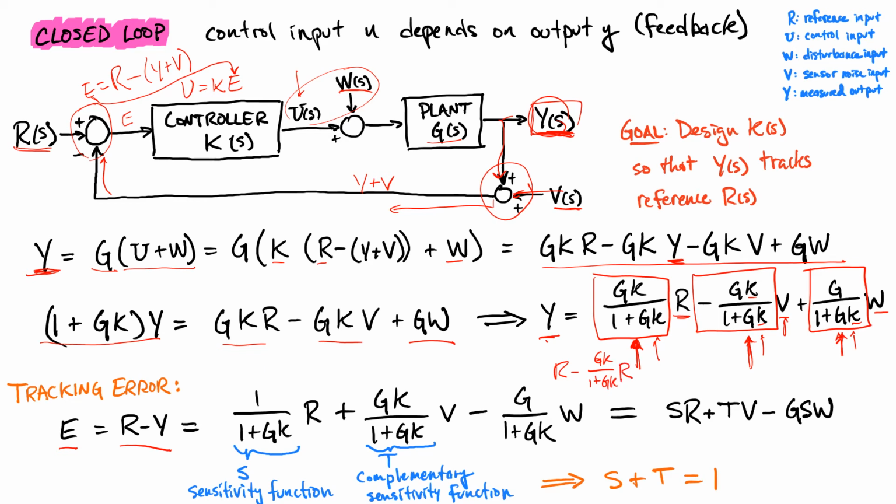You factor out the r, and that becomes 1 minus gk over 1 plus gk times r. If you get a common denominator here, you'll realize you're just left with 1 over 1 plus gk for the transfer function that relates the tracking error with the reference.